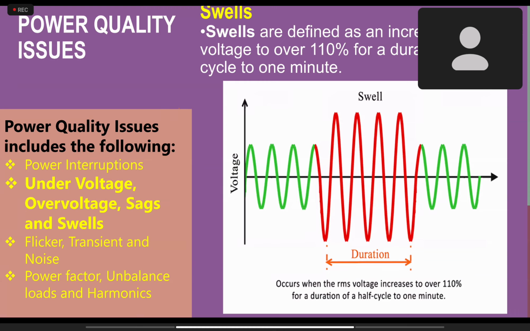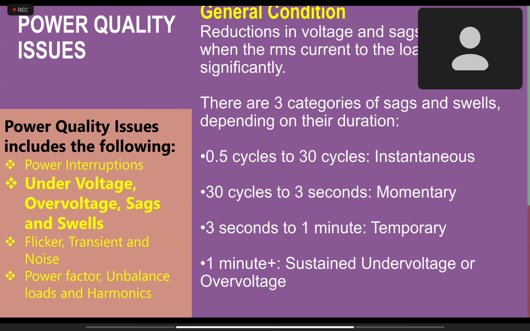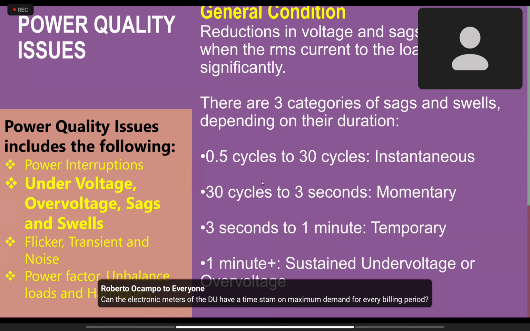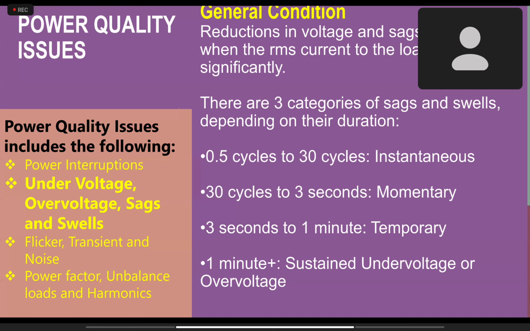Okay. The fourth type of our power quality issues are the flicker and transient. So what is a flicker? It is a repetitive voltage reduction in lighting circuits that can be detected by the human eye.